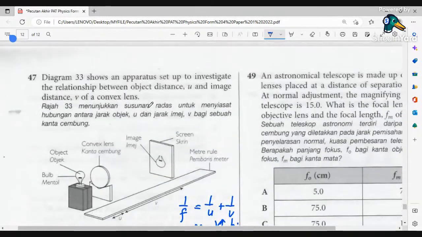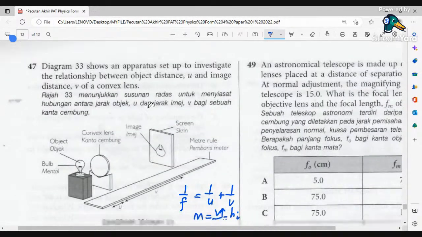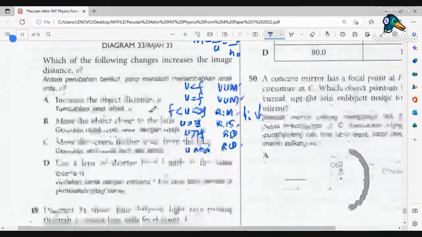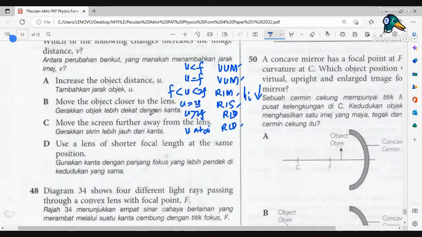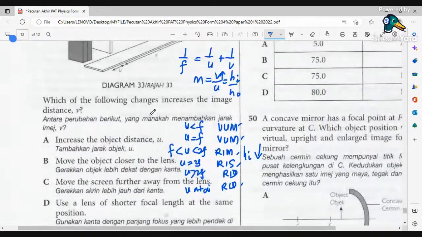Jadi jawapan yang paling tepat, number 47, increase object distance. Kalau you increase object distance, magnification smaller patutnya, jadi tak boleh. Move object closer to the lens, maksudnya you decrease U. Kalau you decrease U, image become bigger.